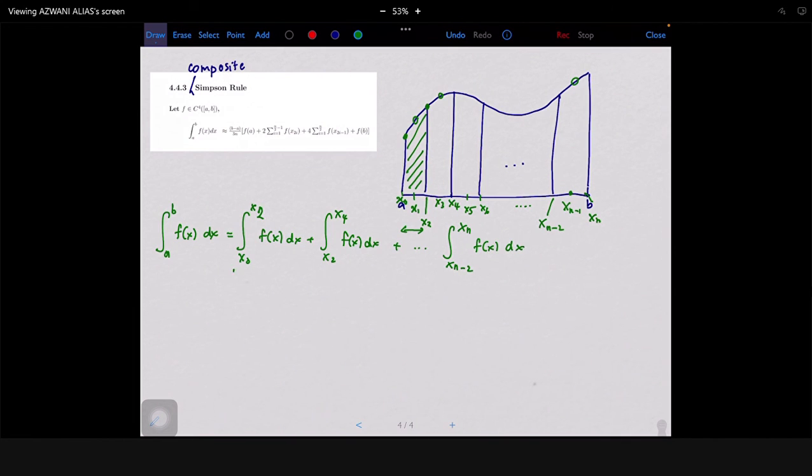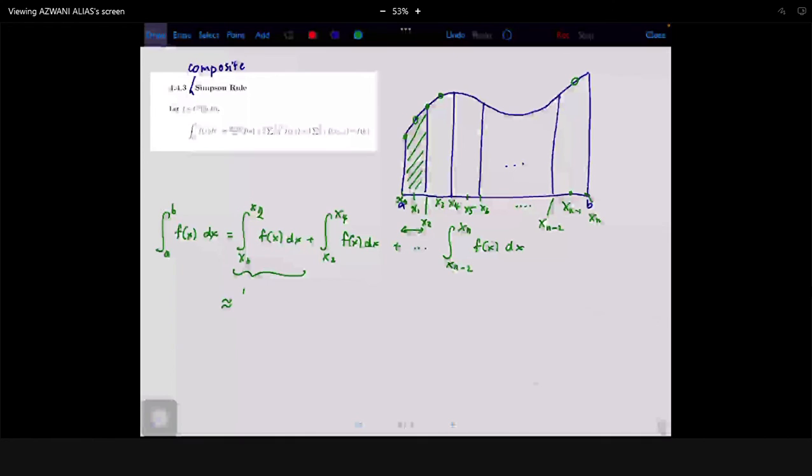Okay, so for each ni, kita perlu solve menggunakan Simpson Rule. Okay, so Simpson Rule dia adalah saya ambil H/3 terus ni.